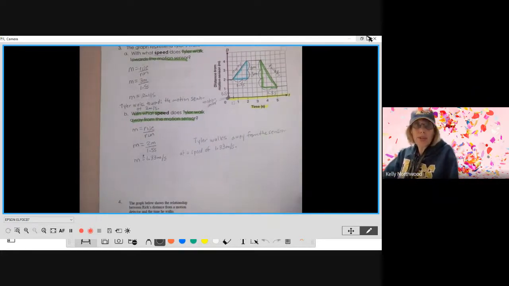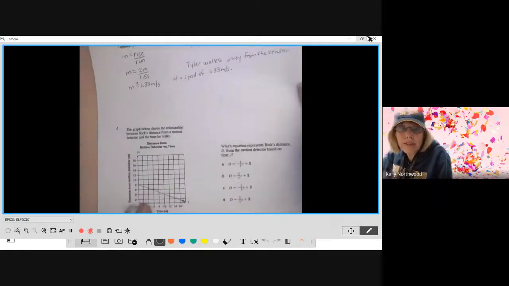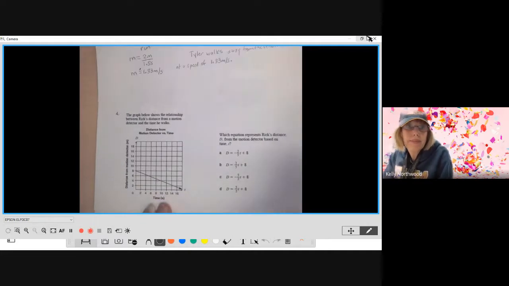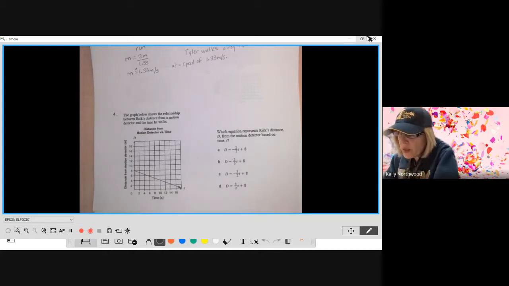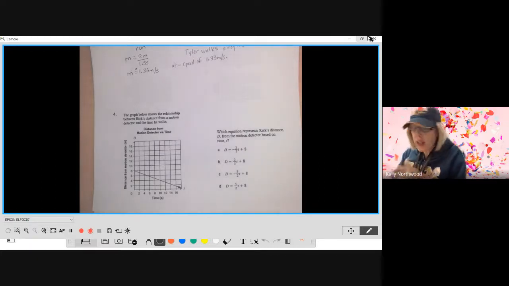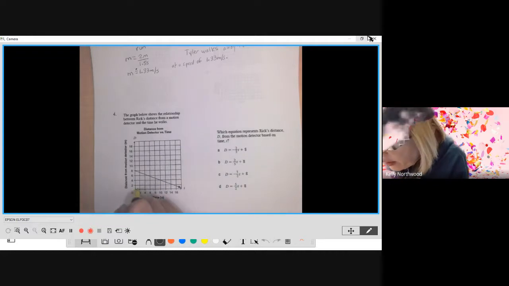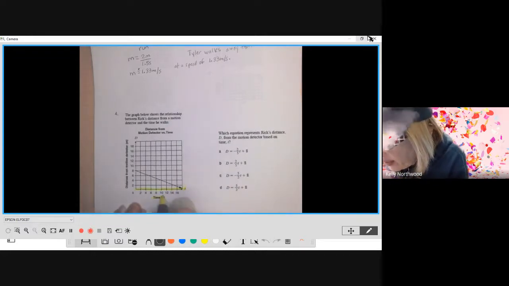Two more examples to go for grade 9 math before your final practice. All right, question 4. The graph below shows the relationship between Rick's distance from a motion detector and the time he walks. So again, always check your axes first. The lower axis is the time in seconds.